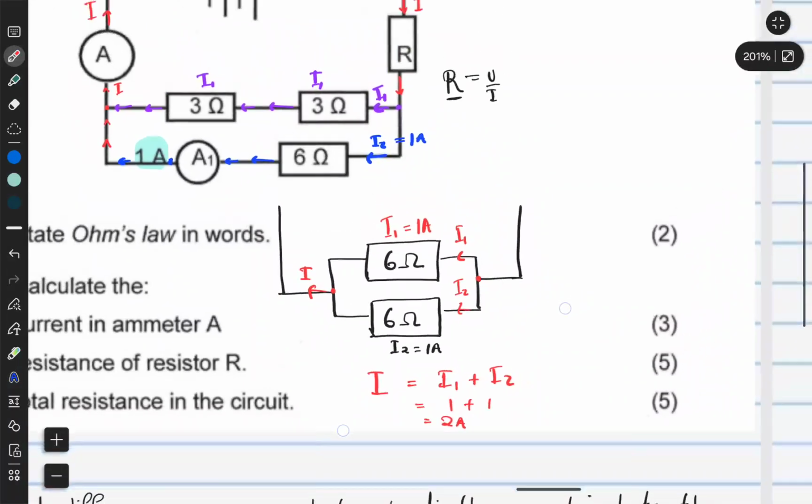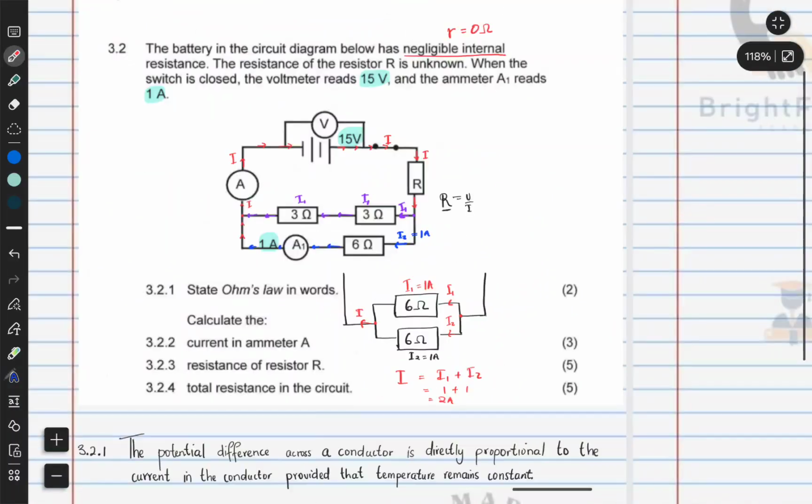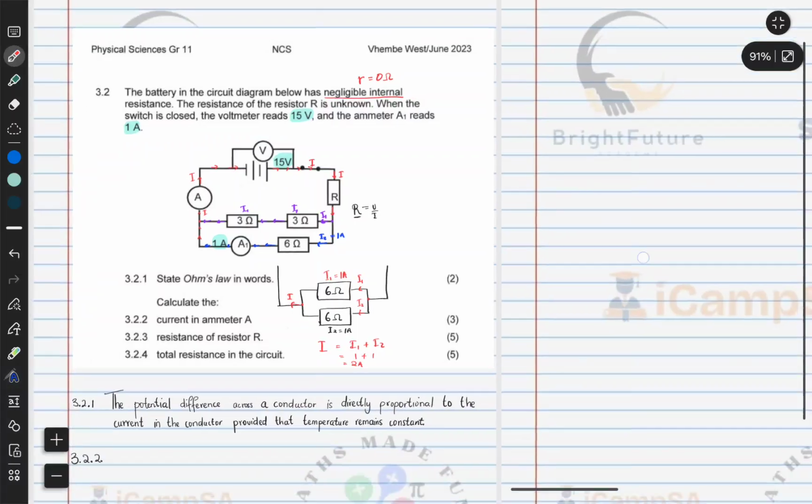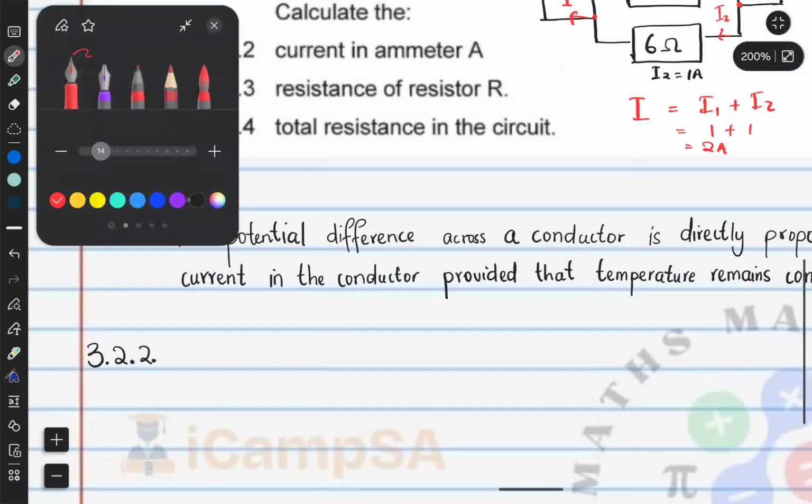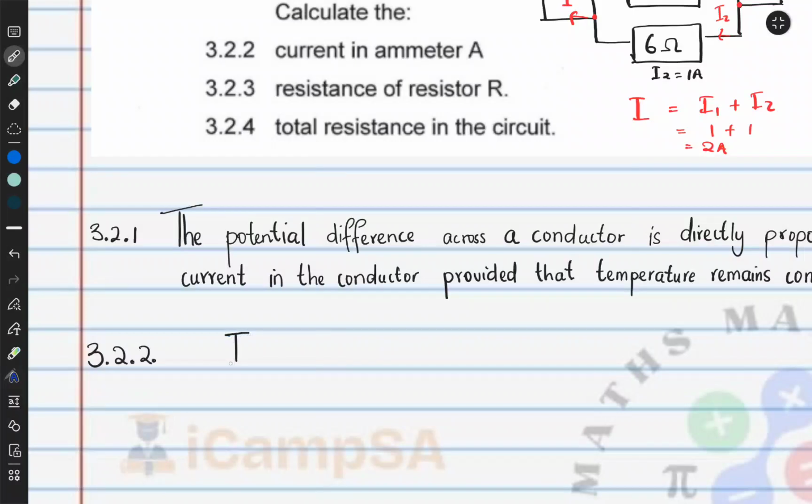So I can say my answer is I equals I1 plus I2, which is 1 plus 1, which is 2 amps.